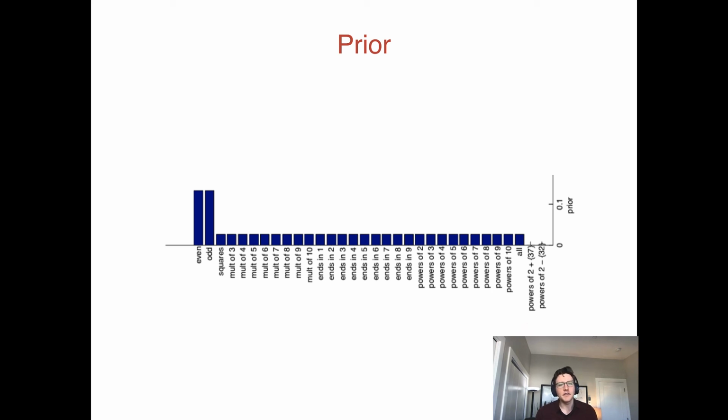You might also add to this some distribution over the possible intervals, that is, the numbers between 20 and 30, or between 28 and 42. Those also seem like reasonable rules, so you might add that to the prior here.